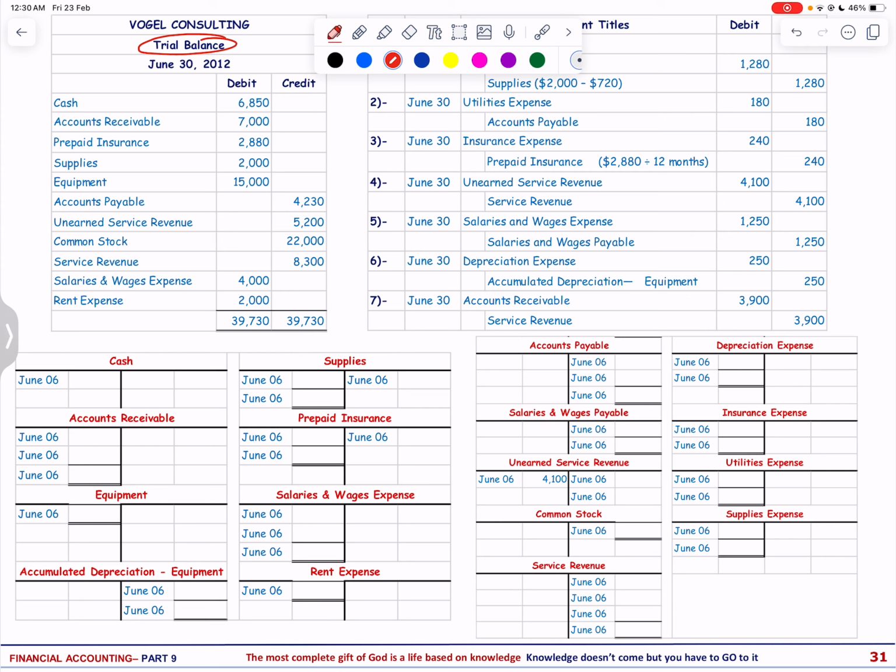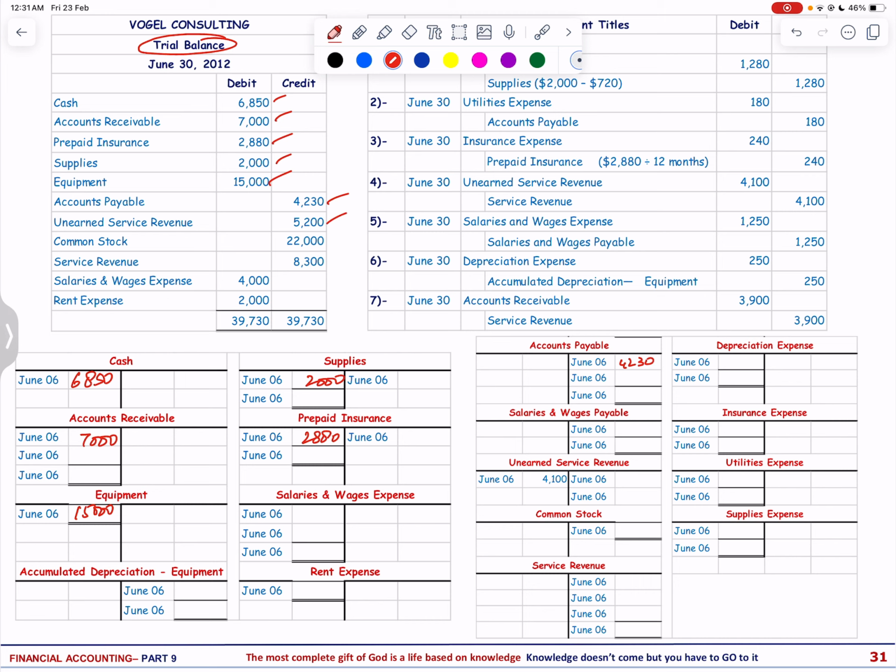We have cash 6850 debit, accounts receivable 7,000 debit, prepaid insurance 2880, supplies is 2000 debit, equipment is 15,000 debit, accounts payable is 4230.